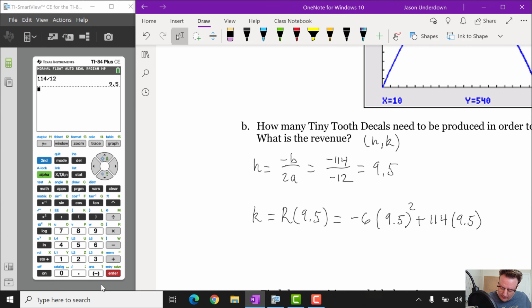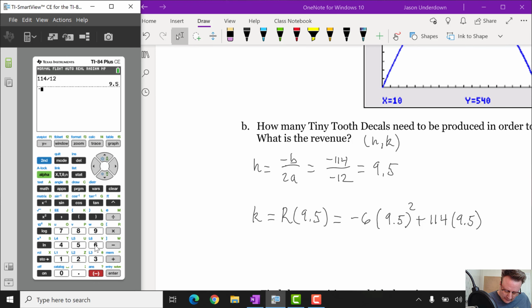So let's see here. We want to do negative 6 times 9.5 squared plus 114 times 9.5. Is that correct? That looks right to me.